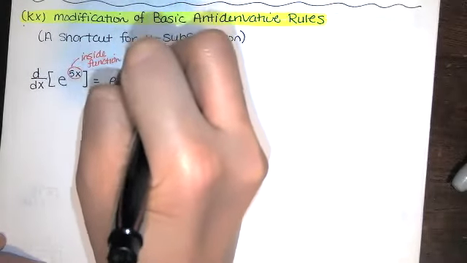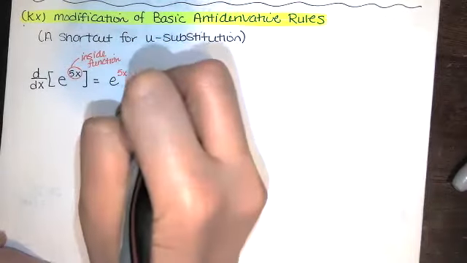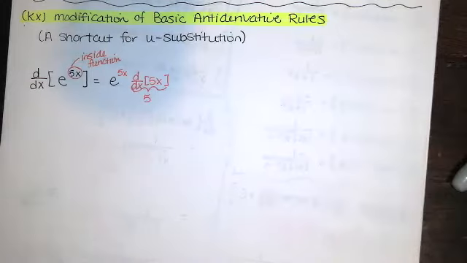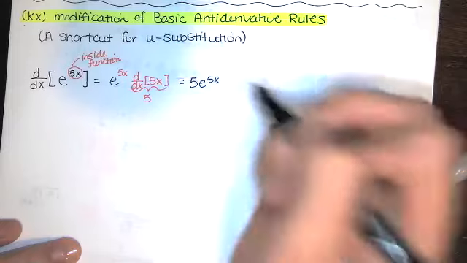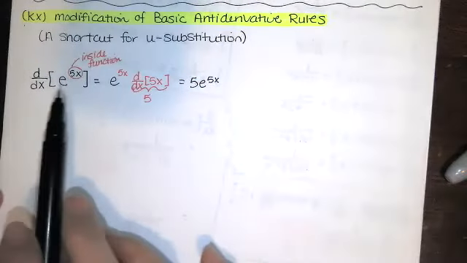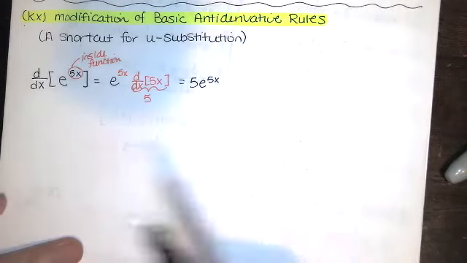Now the derivative of the inside is just 5 because we have a constant times x. So we end up with 5 times e to the 5x. So when I differentiate e to the kx, in general I'm going to get k times e to the kx.